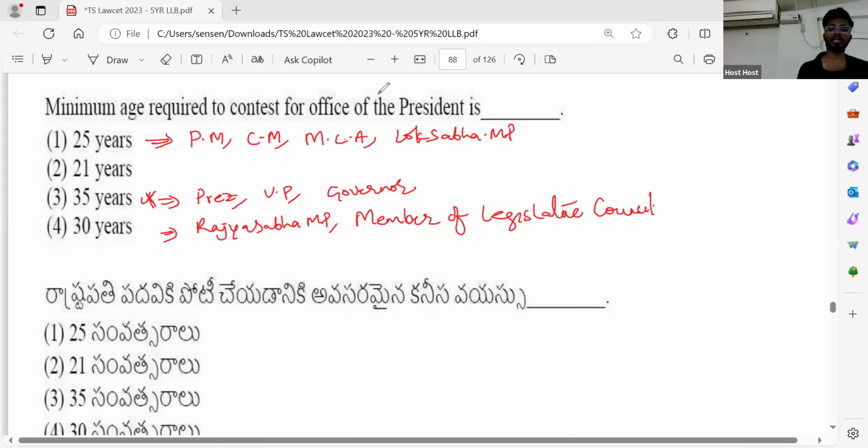Very good, guys. Well done. You remember the age limits. 21 is for whom? Prime Minister 25 already I gave, no? 21 is for Sarpanch. Very good.